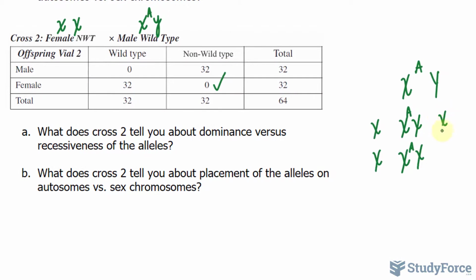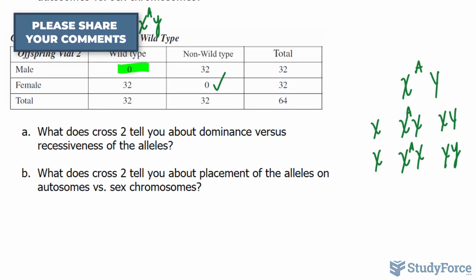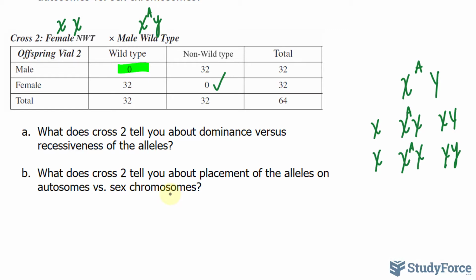And these males both do not have the wild type trait, which is what we see in that cell right there. So what this suggests is that this characteristic is encoded on a sex chromosome, and that the only way for it to work is if the non-wild type trait is encoded by recessive alleles.